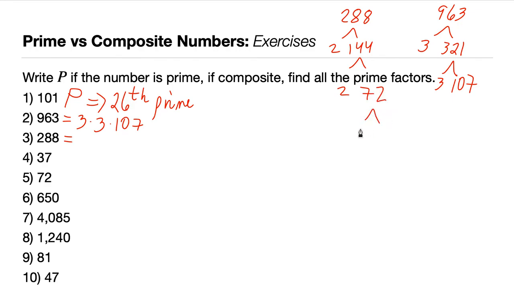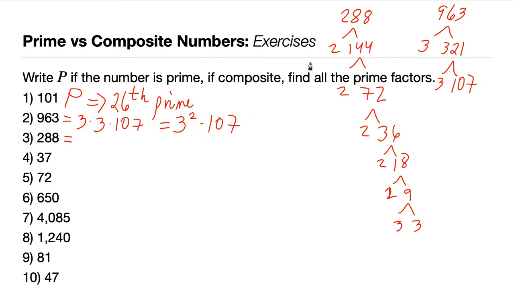Still divisible by 2, giving 36. Divisible by 2 still, giving 18. By 2 still, giving 9. So this is 3 times 3. Rather, we can use the canonical form here. So number 2 can be written as 3 squared times 107.